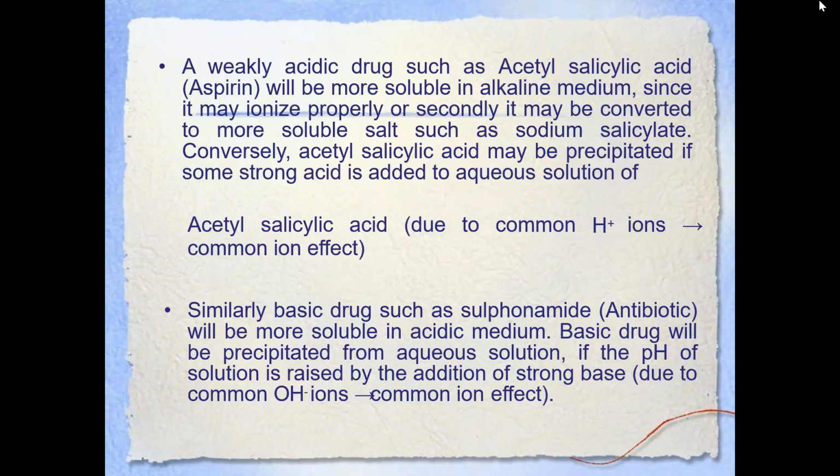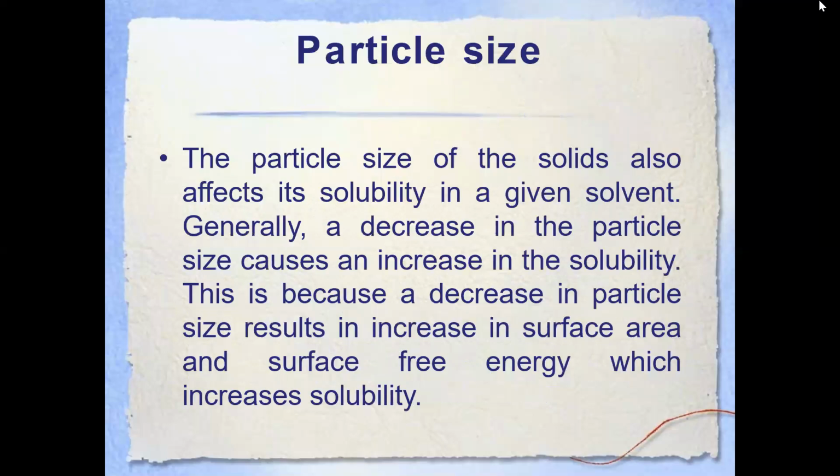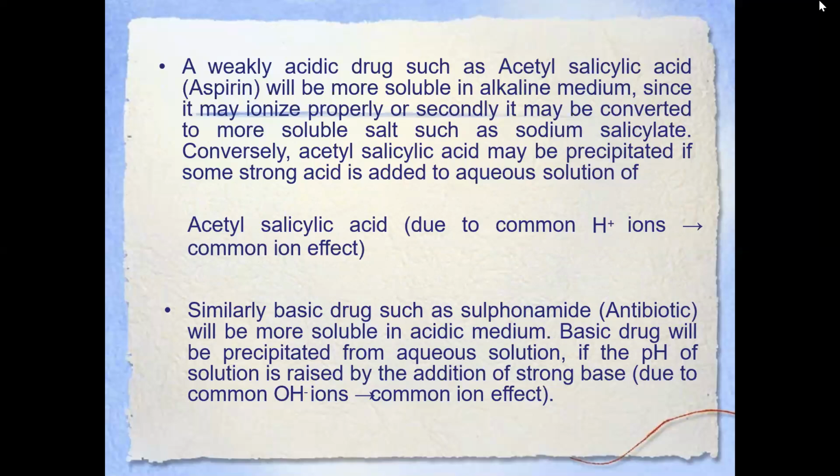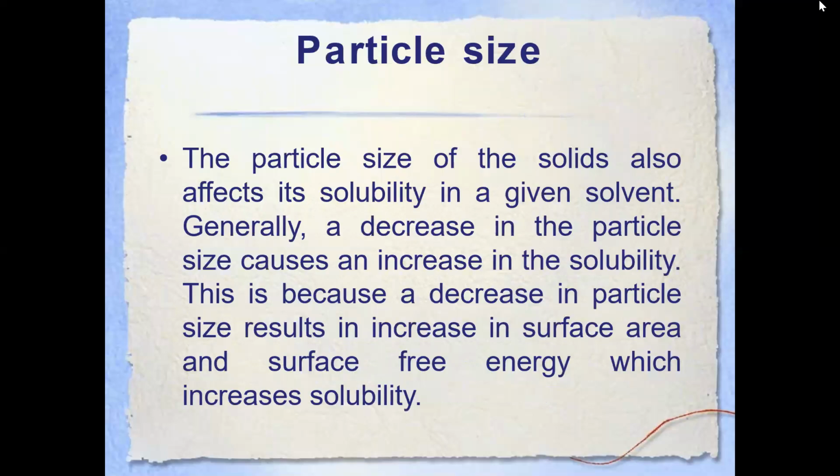Similarly, basic drugs such as sulfonamides will be more soluble in acidic medium. A basic drug will be precipitated from aqueous solution if the pH of the solution is raised by the addition of a strong base, due to the common ion effect, and that common ion is OH ions. In the case of acetyl salicylic acid, aspirin, the common ion is H ions.